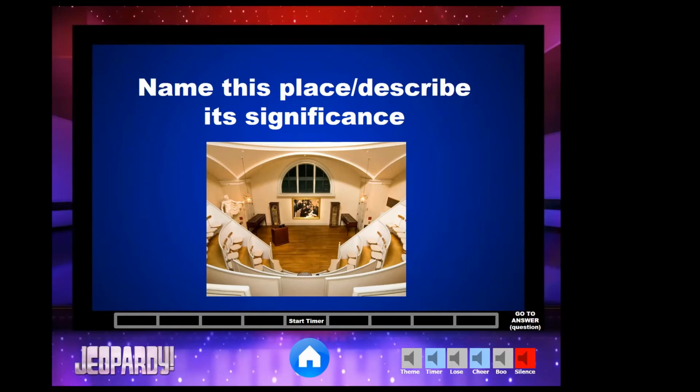Do we have an answer? So this is a surgical theater where surgeries were observed. Were you asking like where specifically? The name, and there were lots of surgical theaters, right? What's the significance? So this was the first operating theater at the University of Pennsylvania. That is incorrect.